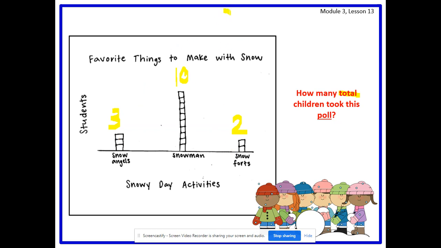Remember that you could go ahead and just count all the squares to get your answer, or we could also do this. 3 plus 2 is 5. So what's 5 plus 10? Yes, 15. So 15 students took this survey.